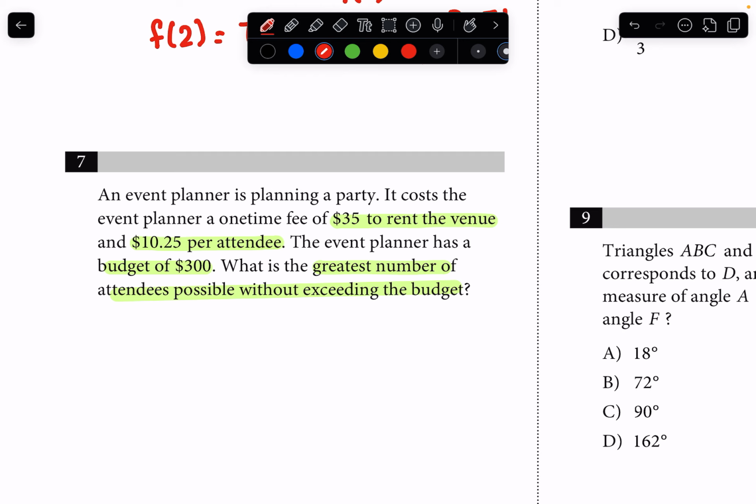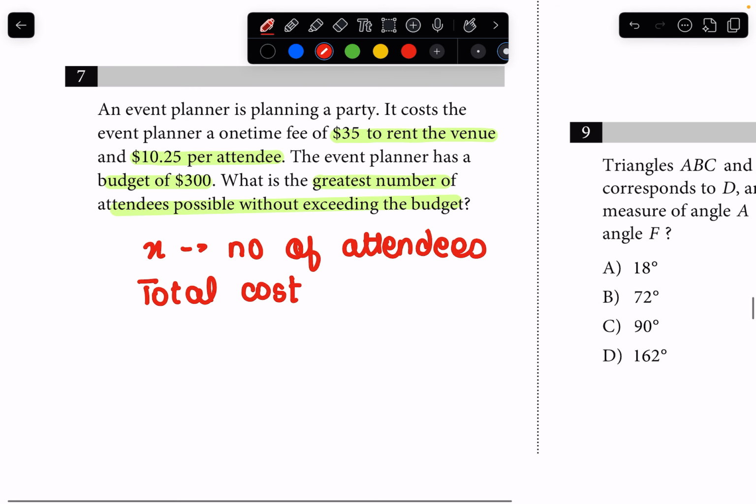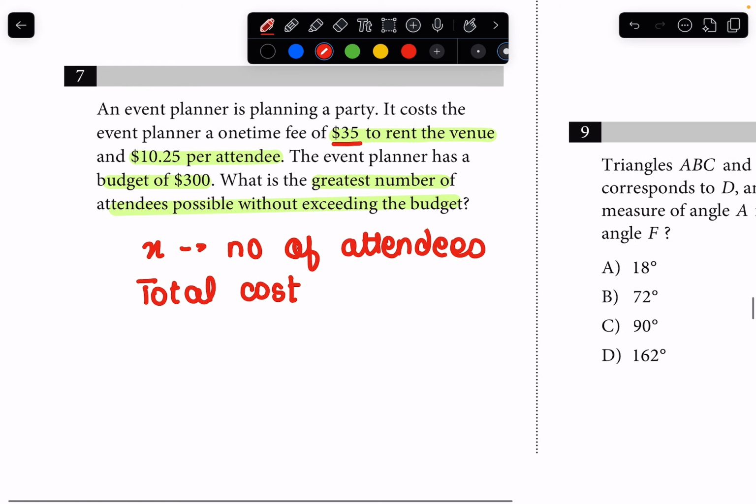All right, so over here we'll keep x as the number of attendees. We can write the total cost using the relationship between each one. So over here we have to pay $35 rent. As discussed previously, it is a flat fee which we have to pay, so it would just stand there without any variable attached to it.